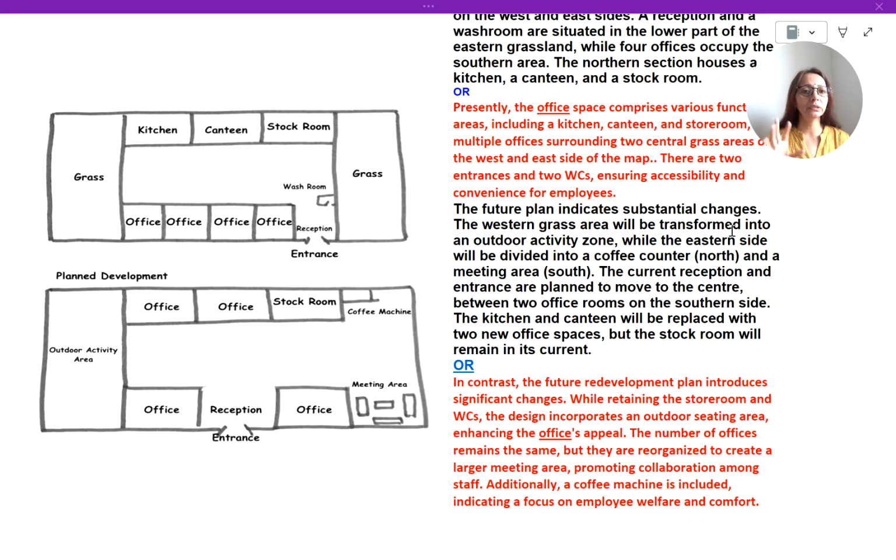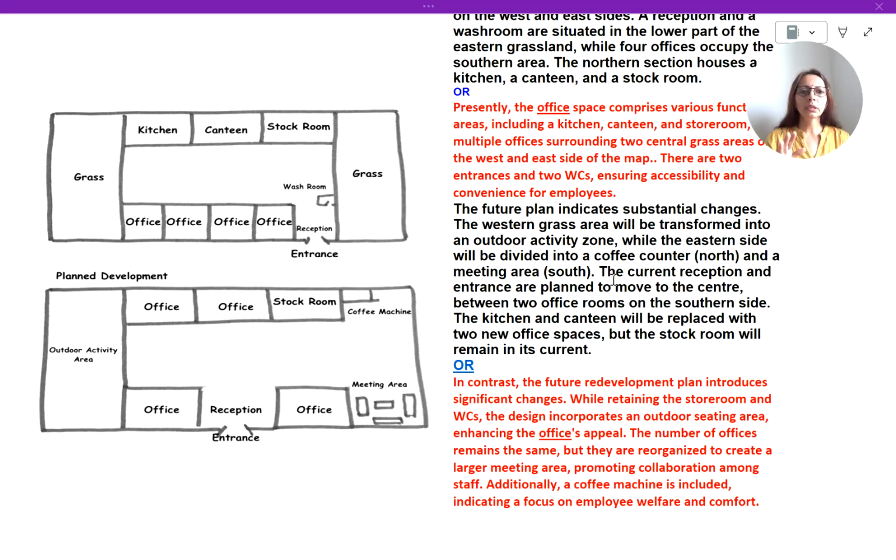Here we can't say is transformed, future tense will come: will be transformed into an outdoor activity area, while the eastern side will be divided into a coffee counter towards the north and a meeting area towards the south.